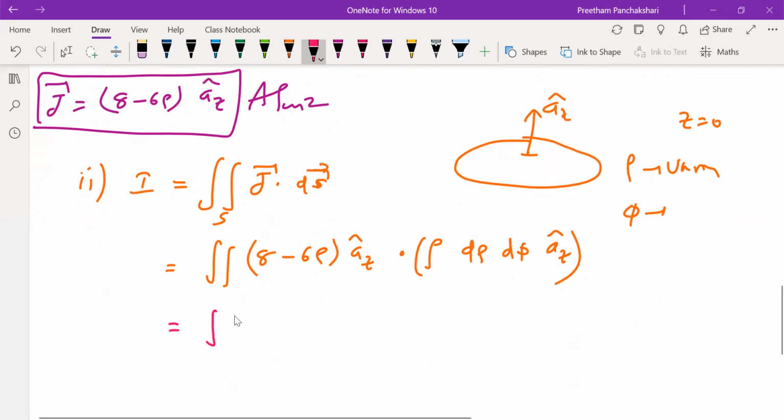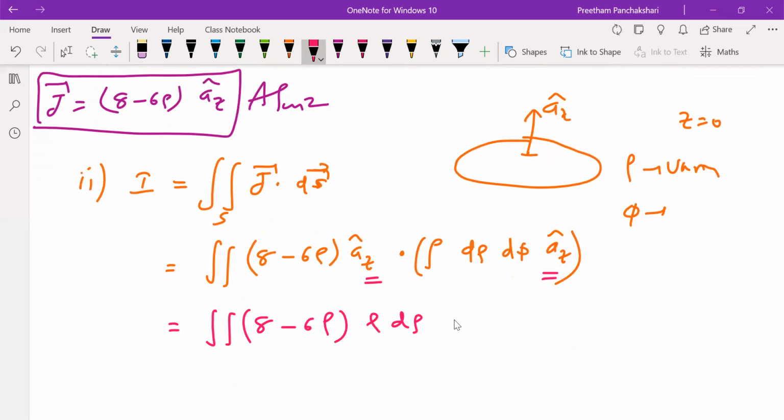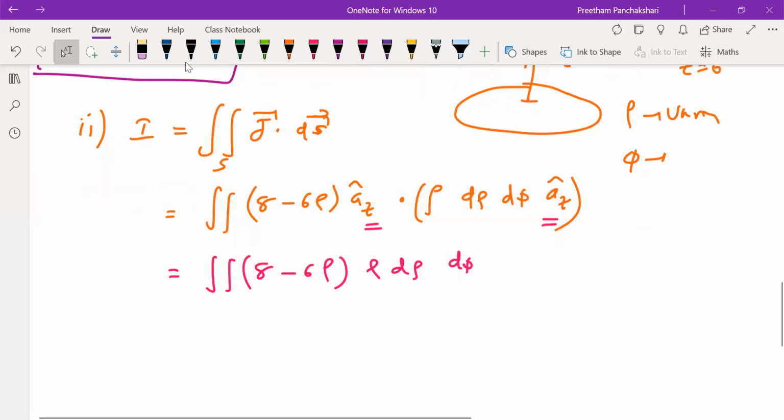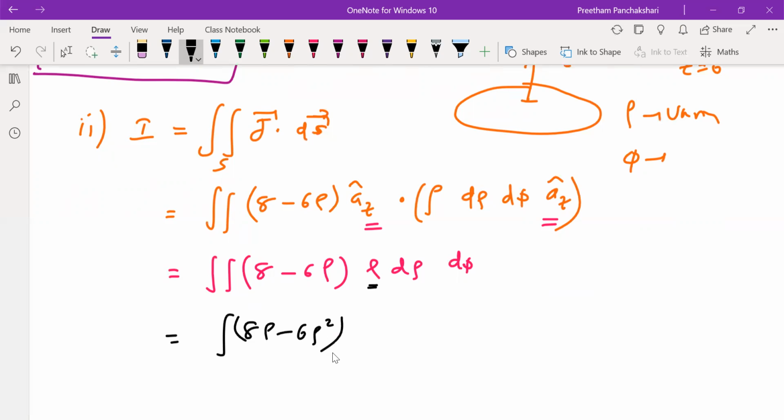Now let us go for simplification. a z dot a z is 1, so 8 minus 6 rho into rho d rho d phi. Let us separate the terms of similar kind. Now first the integration with rho: multiply the term in the bracket by this rho, that is 8 rho minus 6 rho square into d rho. So this is one integral.